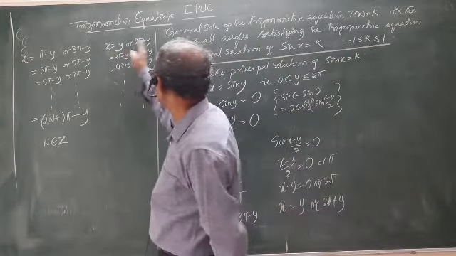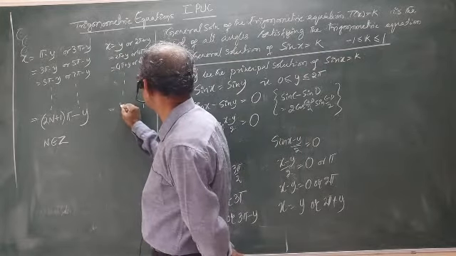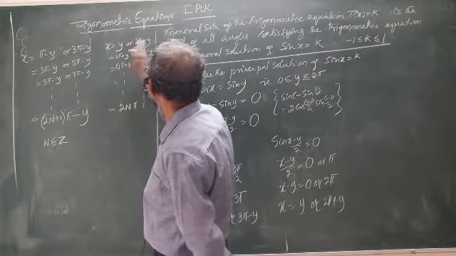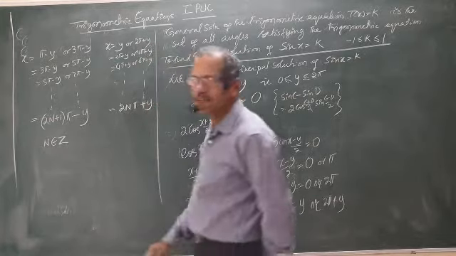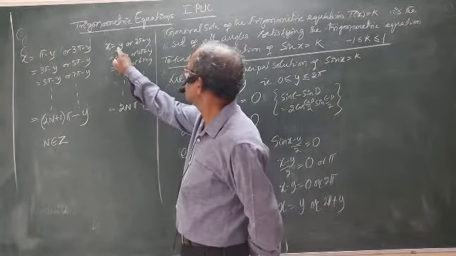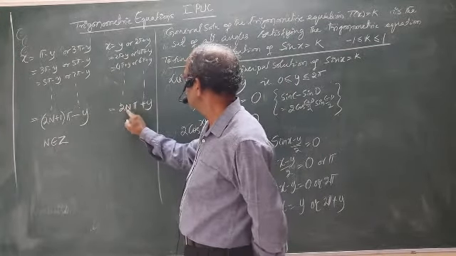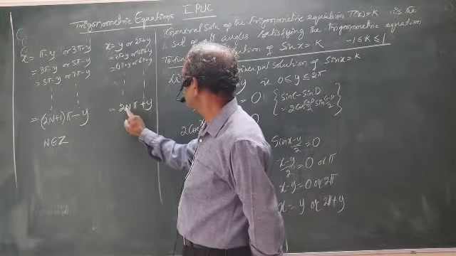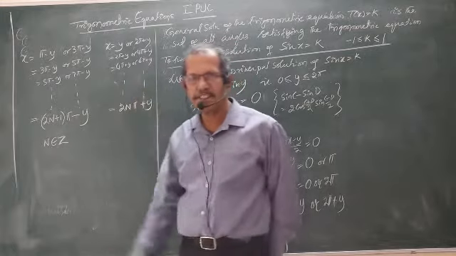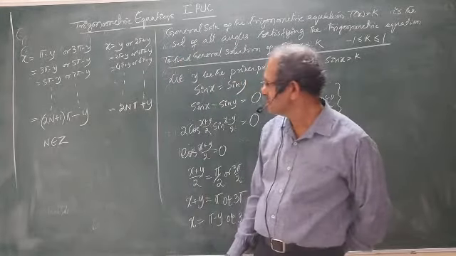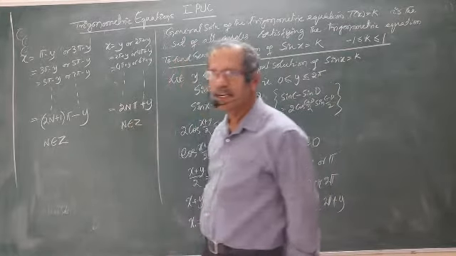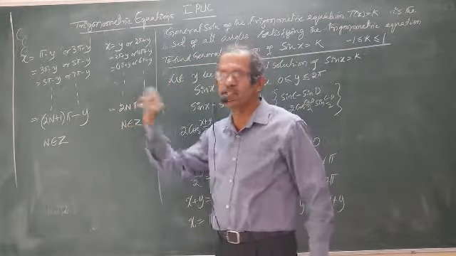Instead of writing all the answers, I am writing 2n pi plus y. Everywhere we have y. Verify it. n equal to 0, y, correct. n equal to 1, 2 pi plus y, correct. n equal to 2, 4 pi plus y, correct. 3, 6, everything is there. n belongs to Z.